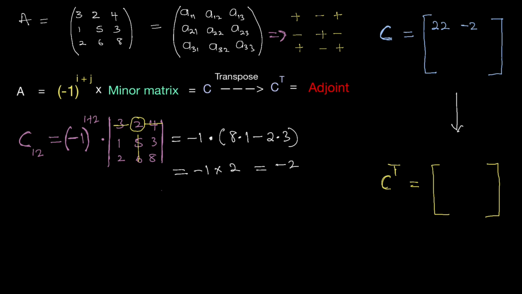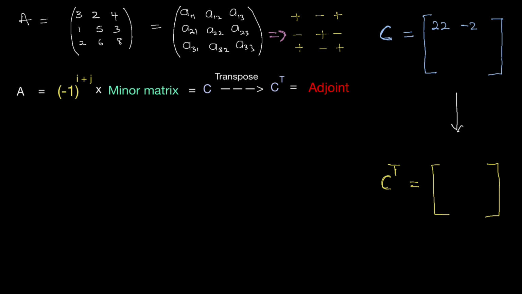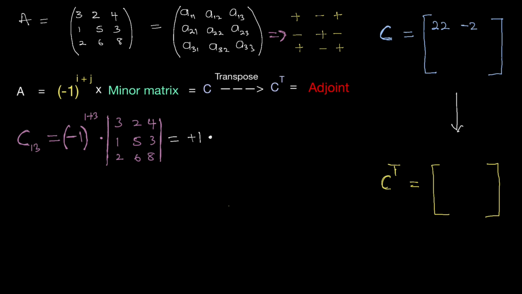The next thing to do is to find the cofactor for C13. So now we write 1, 3, and 1 plus 3, that power is even, so that would be +1. -1 to the power 4 is +1, +1 times, we select the element at position 1,3, draw a horizontal line and a vertical line. The minor matrix is these elements that are not on the line.